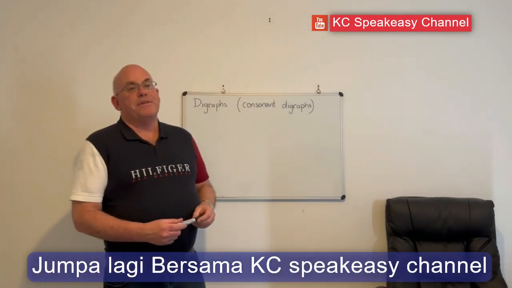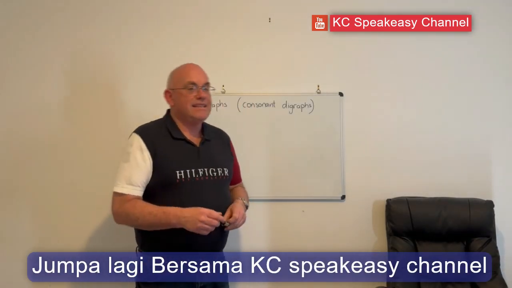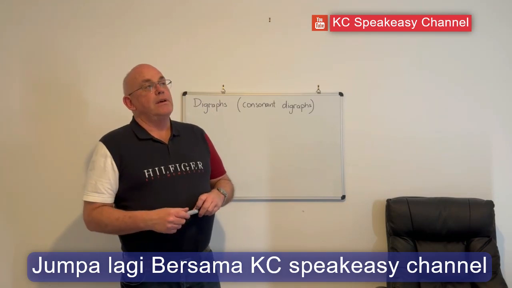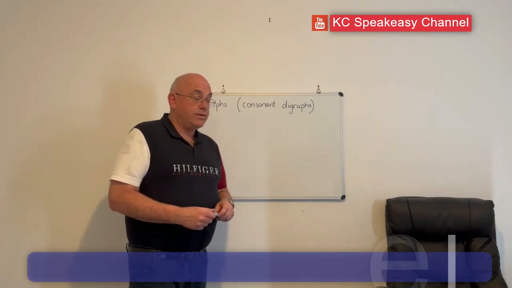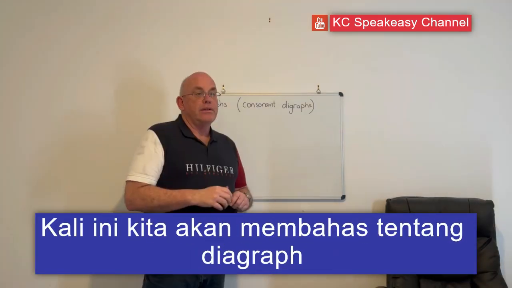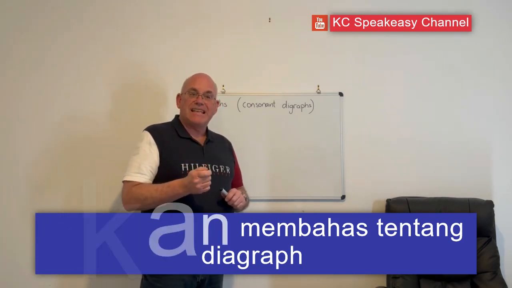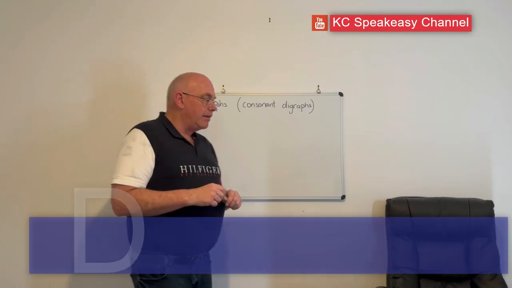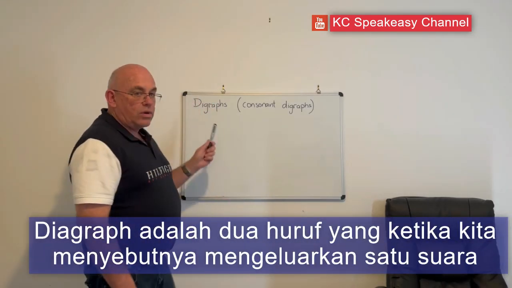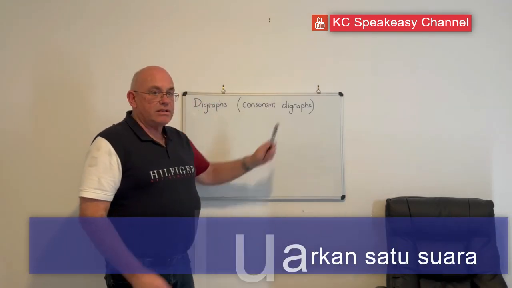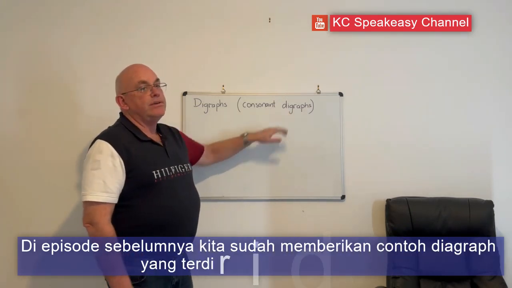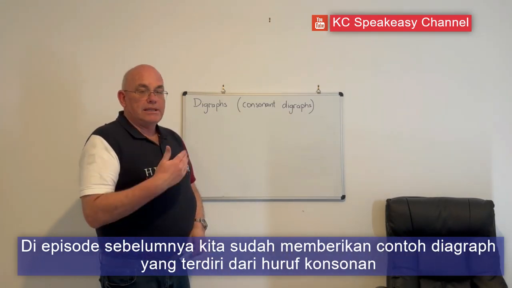Okay, welcome back everyone. In this episode, we're going to continue to talk about digraphs. Just remember that a digraph is two letters that make one sound. Now, we've been talking a lot about consonant digraphs, and I gave you some examples in the last episode.